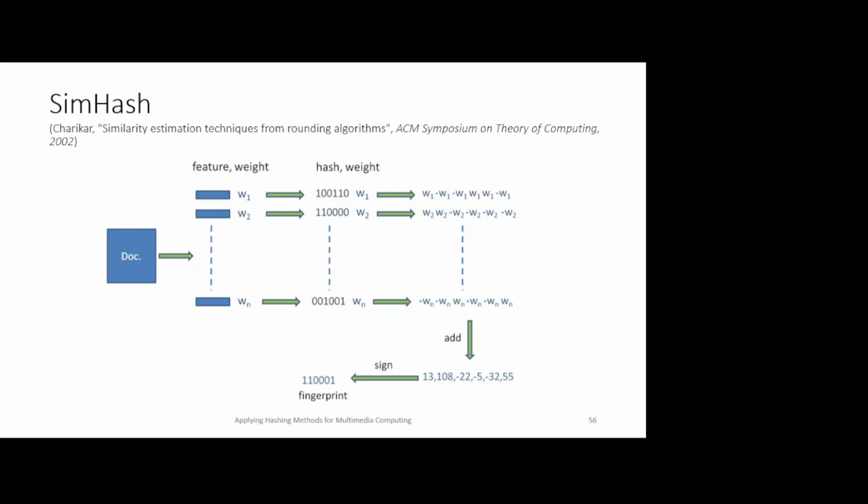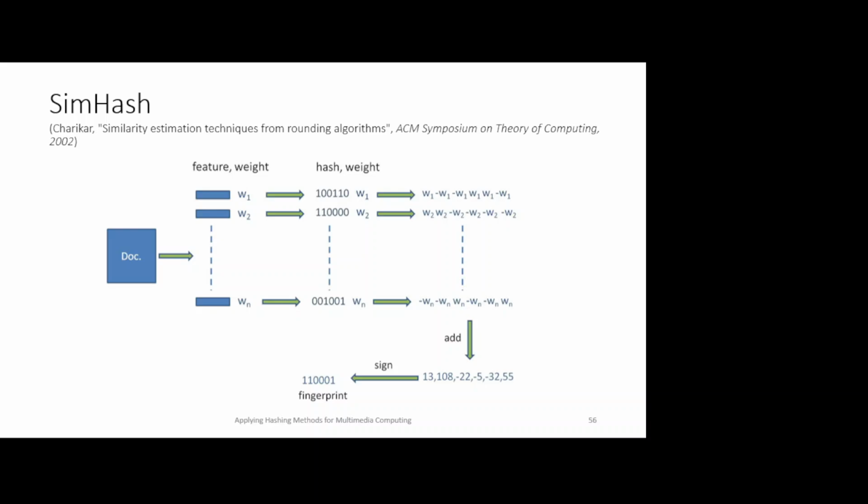And then, according to the vector representation, we use a hash function to transform it into a binary code. You see here are 6-bit binary codes. So for each token, we generate the binary code by using a hash function.